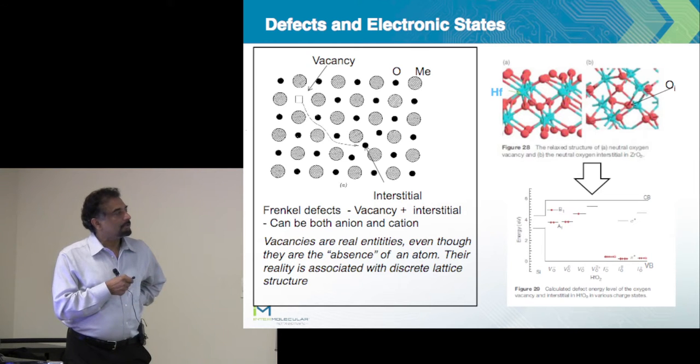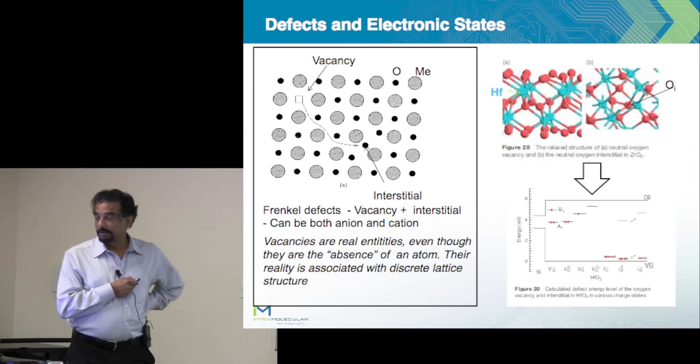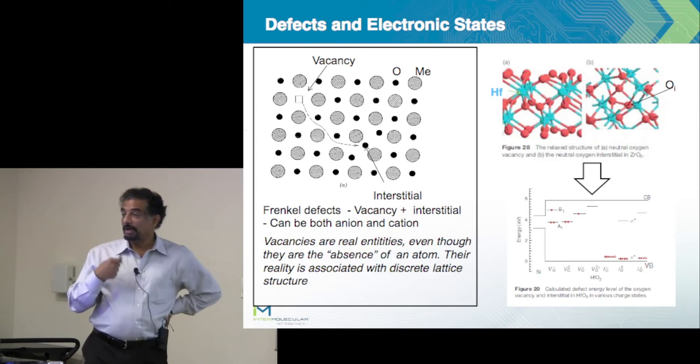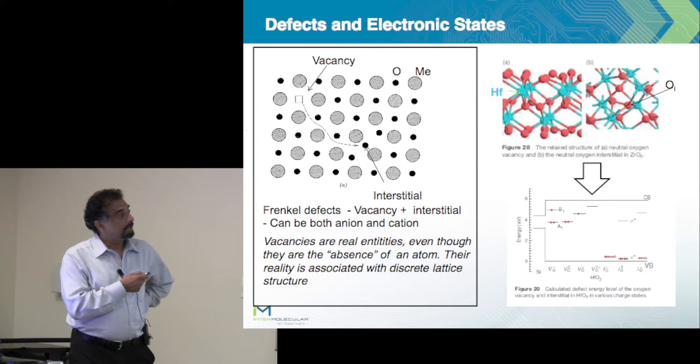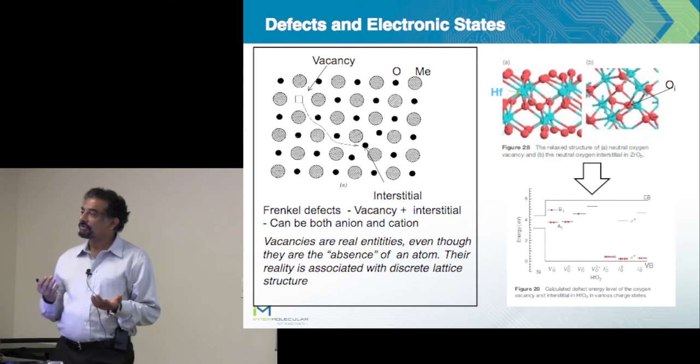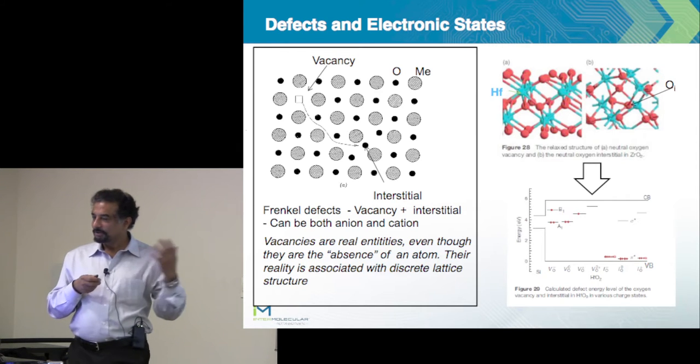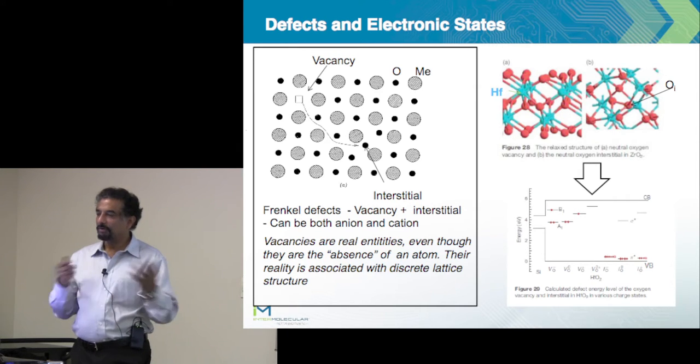But in real life, what happens is that you could take one of these oxygen atoms, say, and it could be freed either from a chemical reaction, an ion implantation, or some other thermal effect, and the oxygen is then separated. You form what we call a Frenkel pair. So there's an oxygen vacancy and an interstitial that comes right over here. So these have to be actually treated. They're real properties. Just like I was talking about elements being part of the system, you actually treat these as components of the overall system.